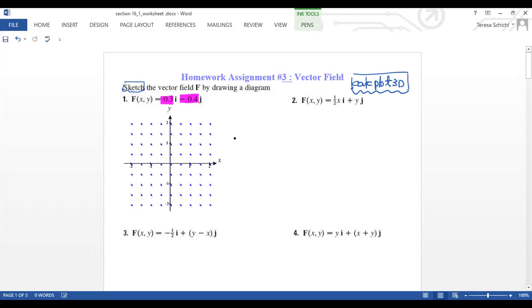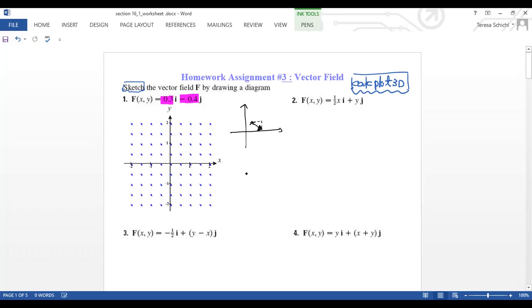That means whatever point you choose, the value 0.3, negative 0.4 is fixed. So you go 0.3 here, and 0.4 down here, and you will get a vector going in this direction.